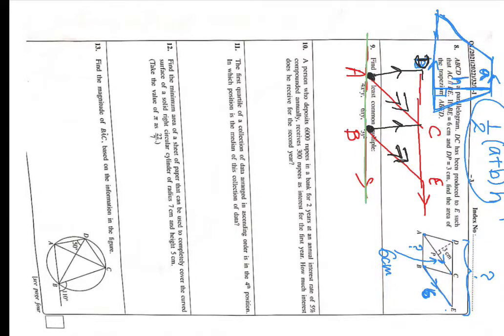This line segment here is parallel to this line segment. Then I have drawn two parallelograms, one in red color, ABEC, the other one in black color.